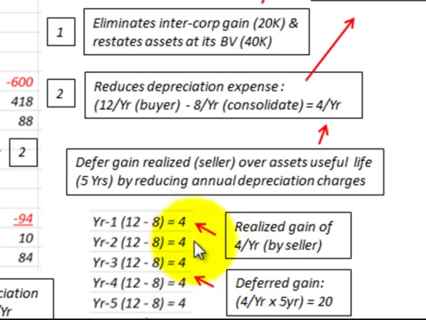In the second year, the seller would realize another $4,000 gain on this sale, based on the difference in the depreciation, and it would just continue on until all the deferred gains are realized, up to the total amount of $20,000.